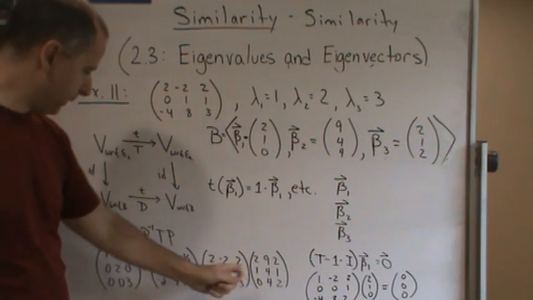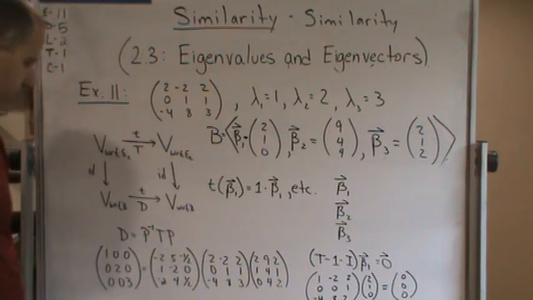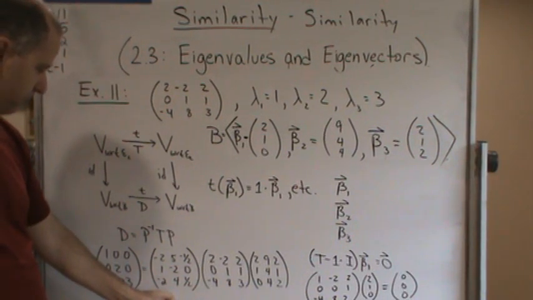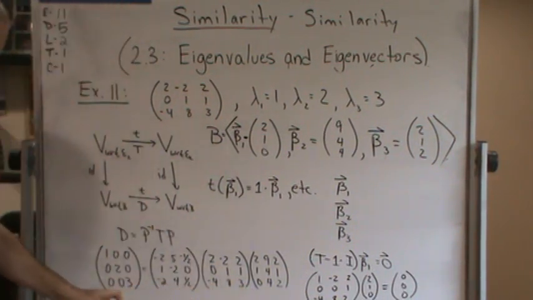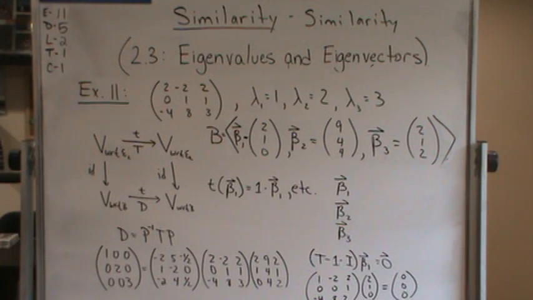So here's our P, and here's the inverse of P. When we compose this, we get our D, which is diagonal. So again, it's diagonalizable.